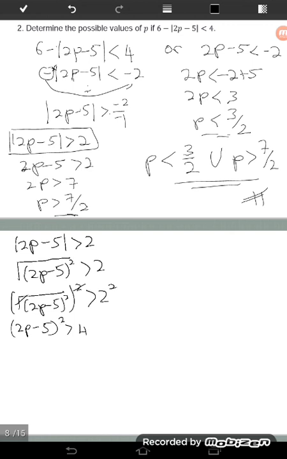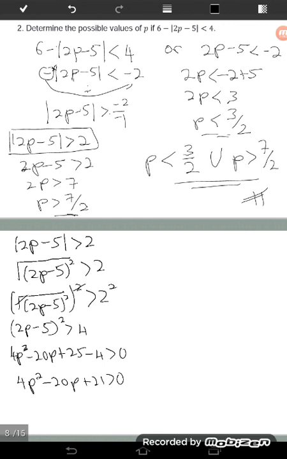Next, expand: 2p to the power of 2 is 4p squared, negative 5 times 2 is negative 10, times 2 is negative 20p, minus negative 5 to the power of 2 is positive 25. Then 4 bring to the left, minus 4 greater than 0. So you will have 4p squared minus 20p plus 21 greater than 0.